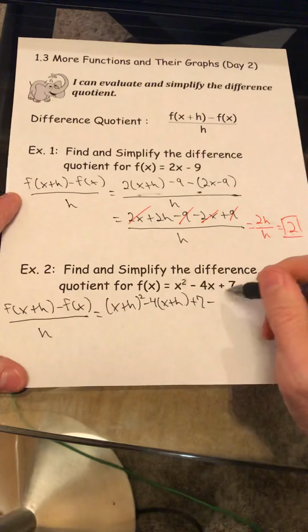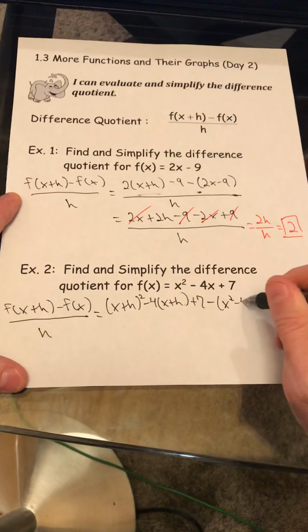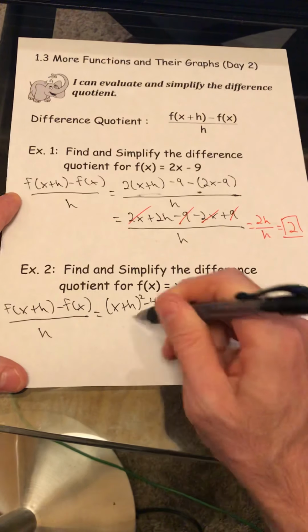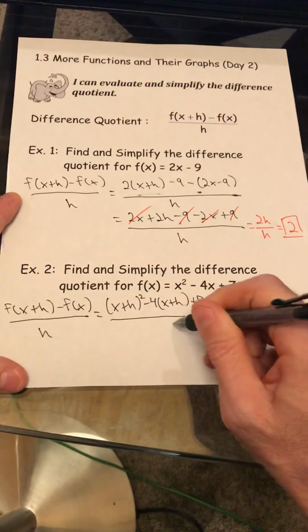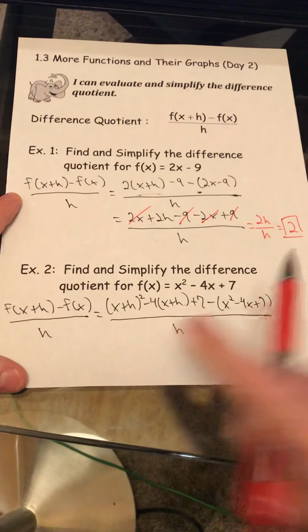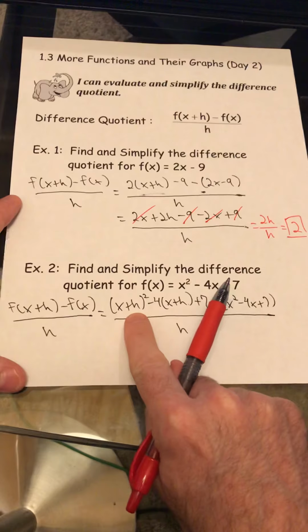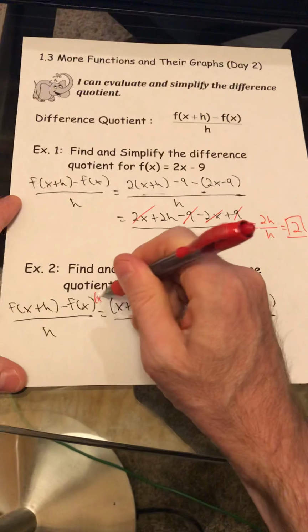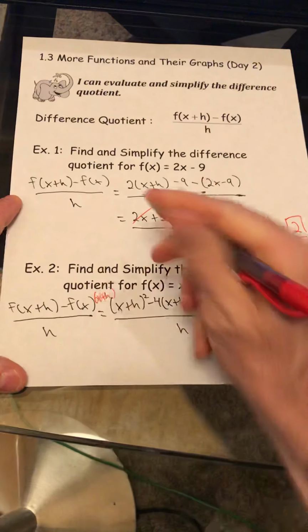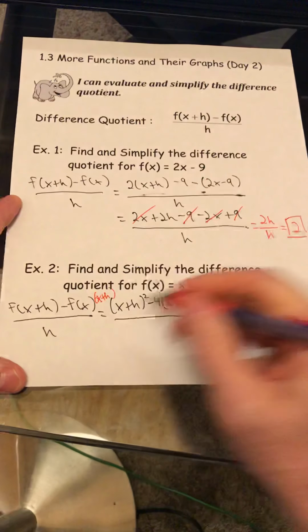Then we will subtract off the original function. All right, so as far as what we're going to have to do here is FOIL. So I'll go ahead and actually write that.